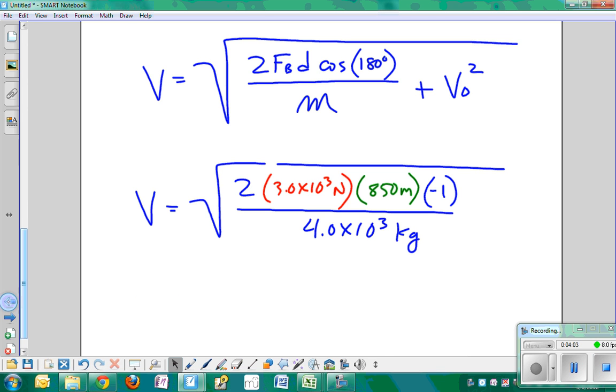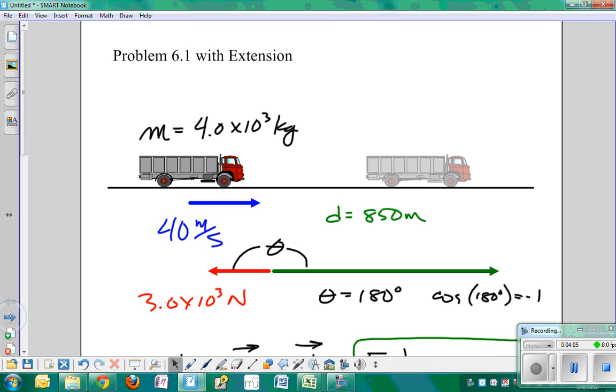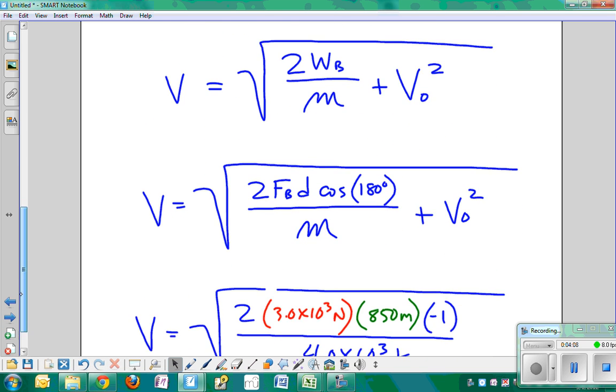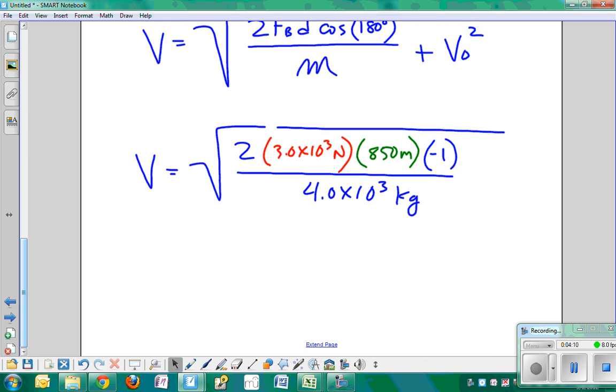Let me check that. 4.0 times 10 to the third kilograms. All right. And from all of that, we are going to subtract v naught squared, which was 40 meters. Oh, we're going to add that, sorry. 40 meters per second squared. And we're going to take the square root of all that.